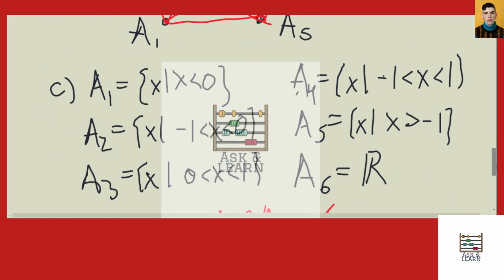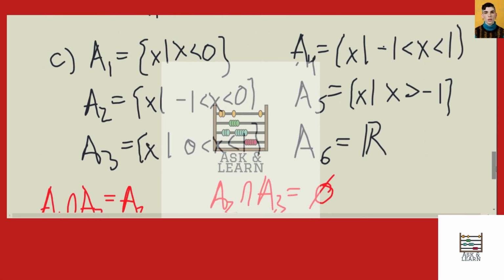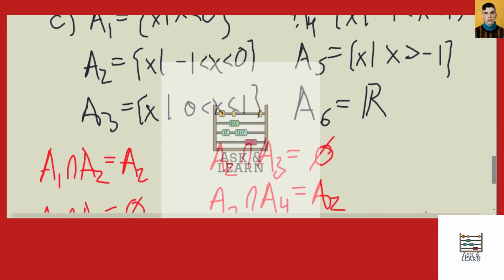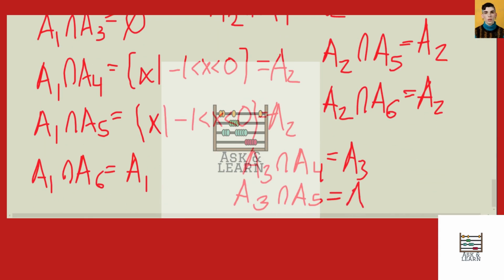This means x lies between 0 and 1, and that x must be greater than -1. This just means that x is between 0 and 1, and so it follows that this is A3. And finally, A3 intersect A6 is just going to be A3 again.